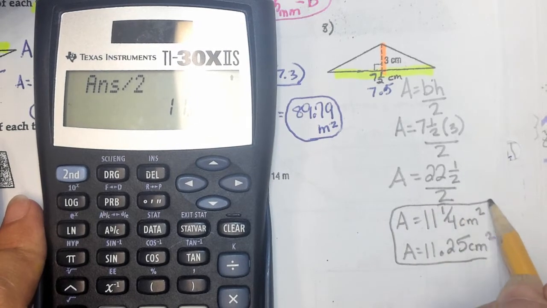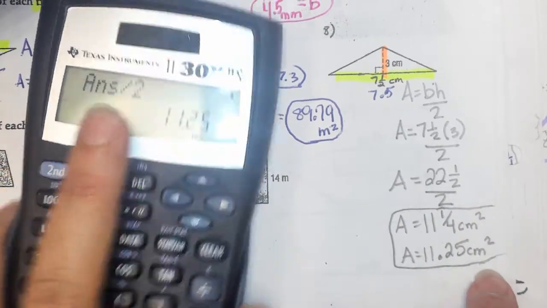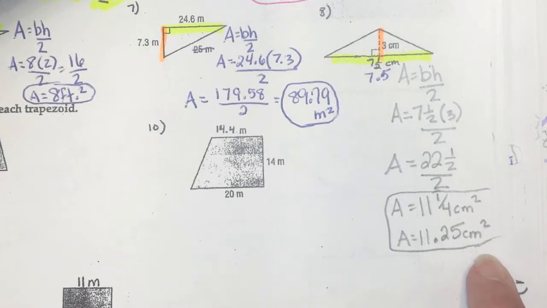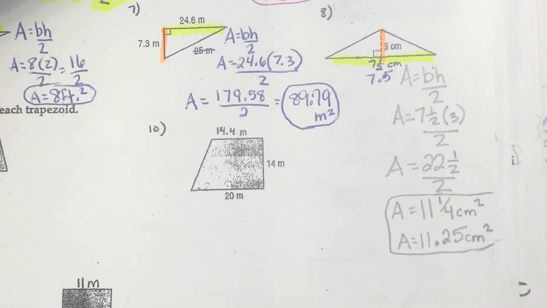I would take either one. Okay? It's going to matter what calculator you have and how you work it out. Tomorrow, there will be plenty of room on the paper to work these things out. You won't be kind of squished in like I did. Okay? Okay, the next ones.